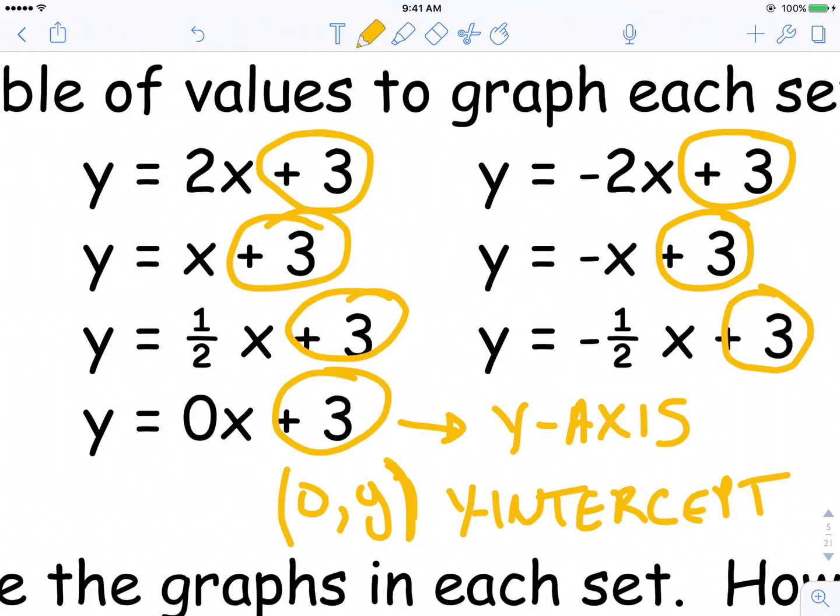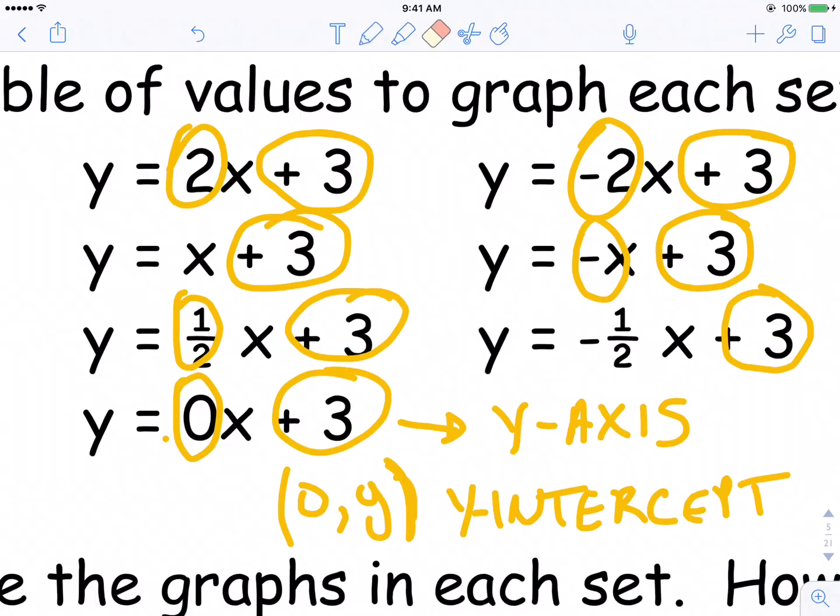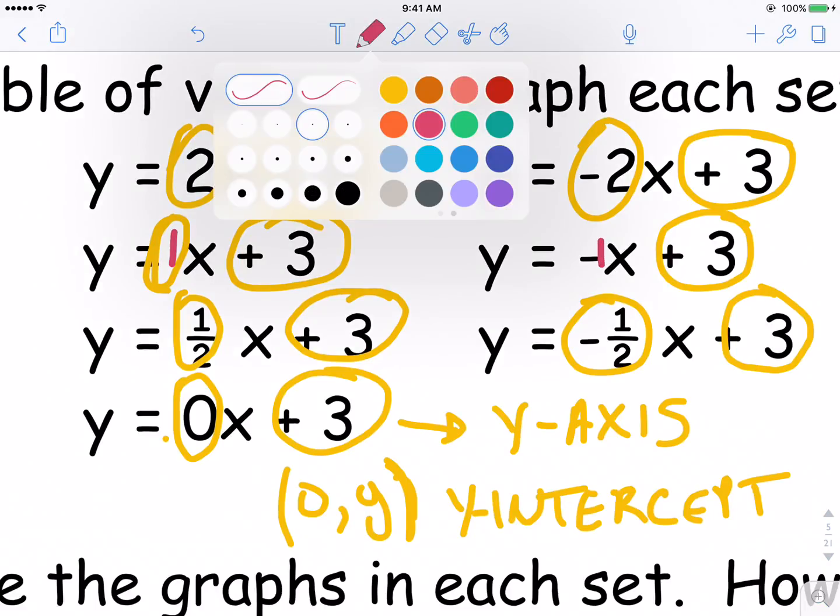What's different about all of these equations? Well, the difference is this number that comes out in front of the x. The 1 half, the 0, the 2, the negative 2, this negative sign, which I'll come back to in a second, and it's negative 1 half. And we have this one here. There's nothing out in front of this x, but remember, there's always a 1 there that we never write. And just like here, there's always a 1 there that we never write. So what's different over here?